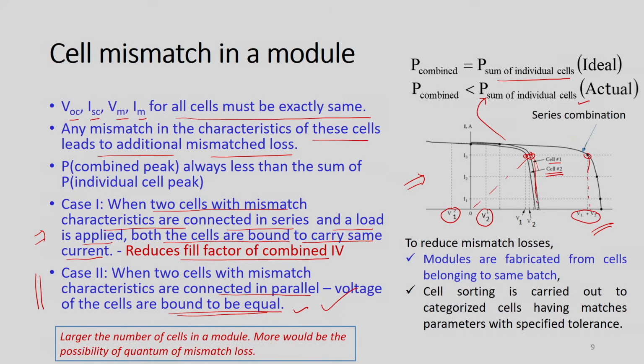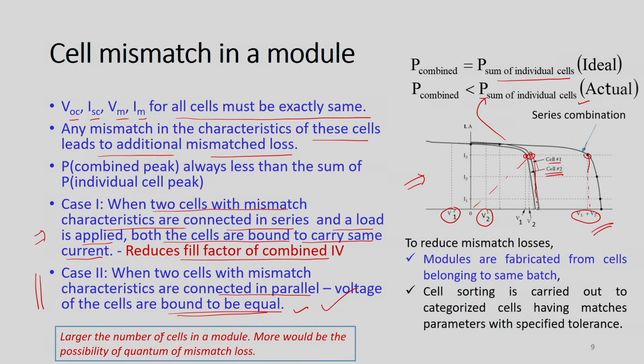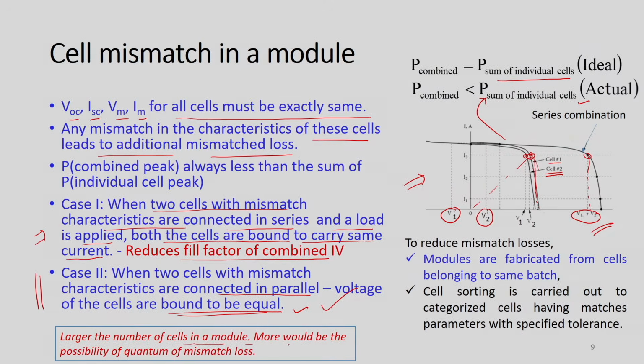As I said, there are many modules. What we have considered is that 36 cells compose a module. There might be some cases where the number of cells is very high. The larger the number of cells in a module, the more the possibility of mismatch losses, so we should keep that in mind. So, how to reduce the mismatch losses?